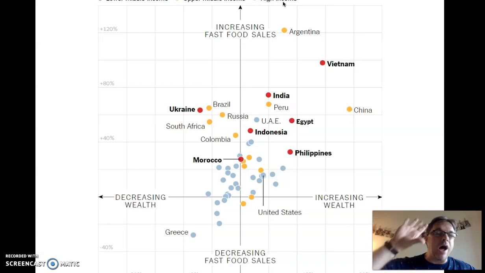So we could sort of identify this as wealthier, sort of middle class, and the bottom of the middle class, or the upper end of people living in poverty, perhaps, right? Okay, although they might cut it off before that. So what it's telling us, if we look, the countries where increasing wealth is occurring, right, are also, many of them, increasing fast food sales. You can see these here.